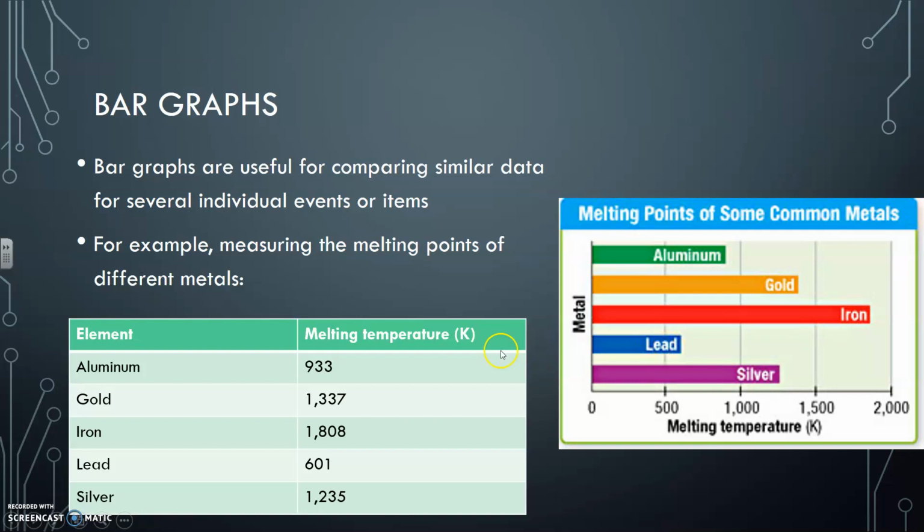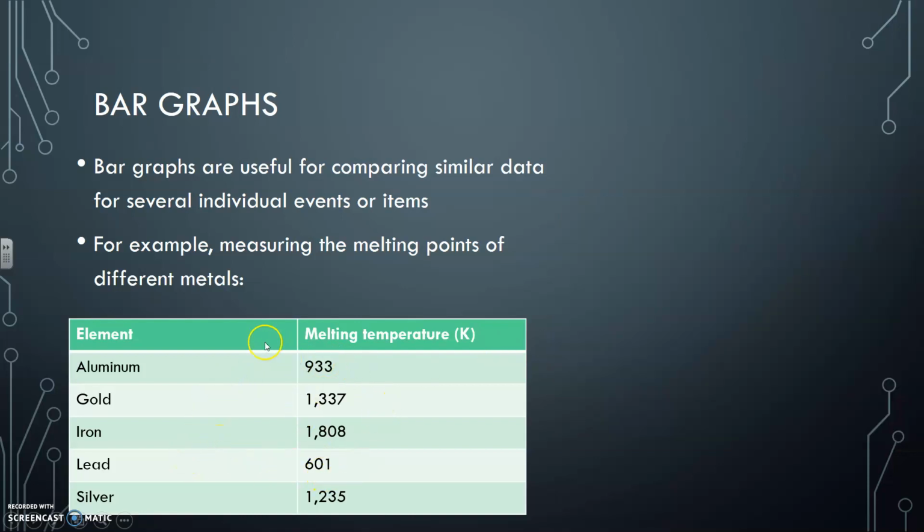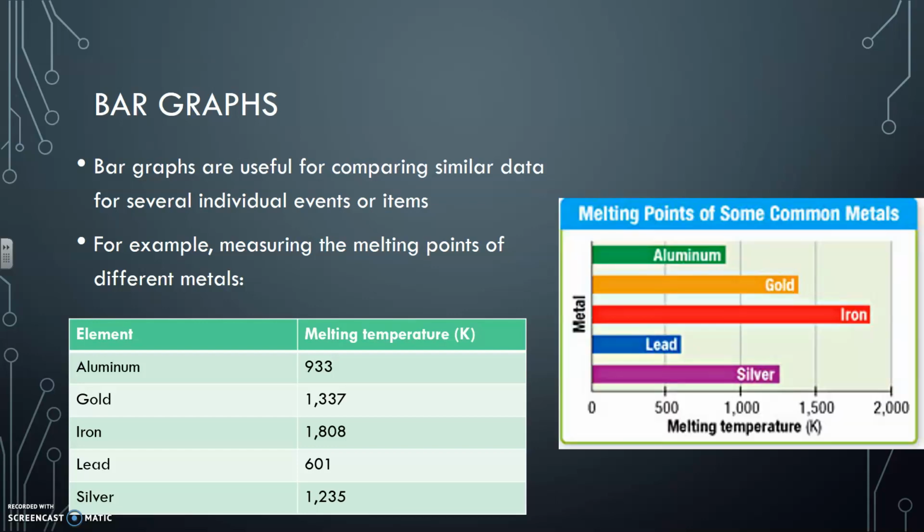If I had asked you, using just this chart, to put them in order from smallest to largest, you can say lead is the smallest, then you've got aluminum, silver, gold, and iron. Instant. So that's why these bar graphs are so useful.